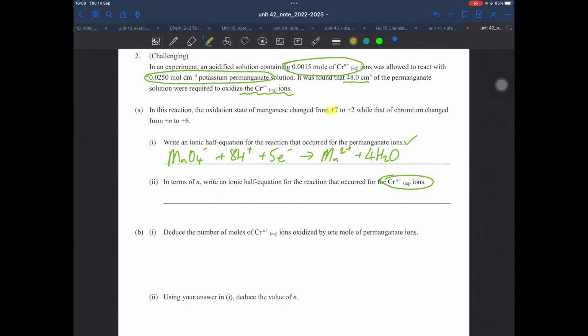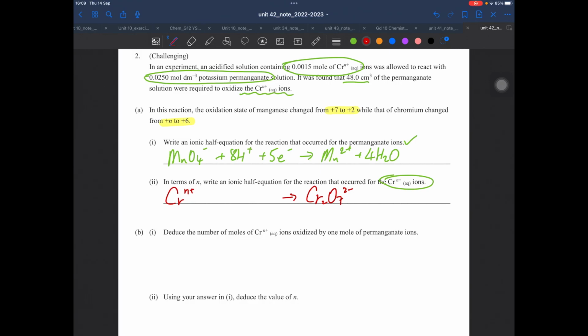For manganese, +7 to +2, easy. For chromium, +n to +6, because the chromium n+ finally will become dichromate, our old friend with +6 oxidation number.